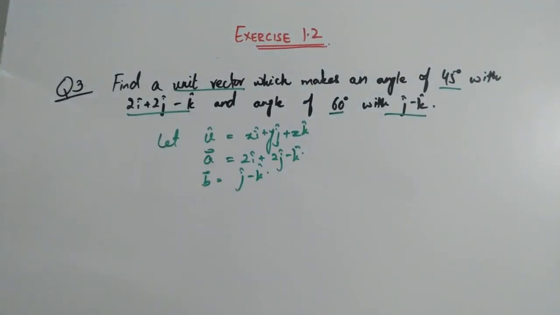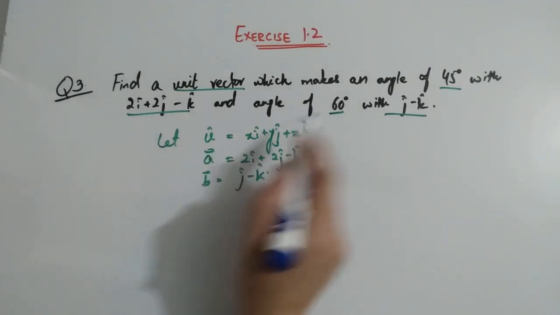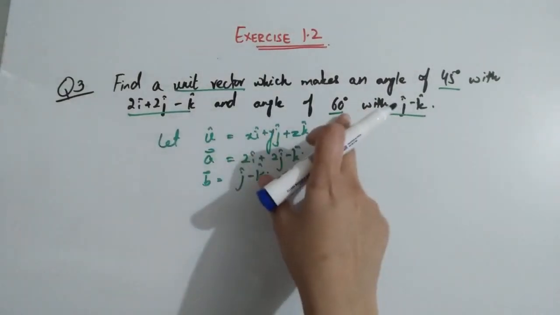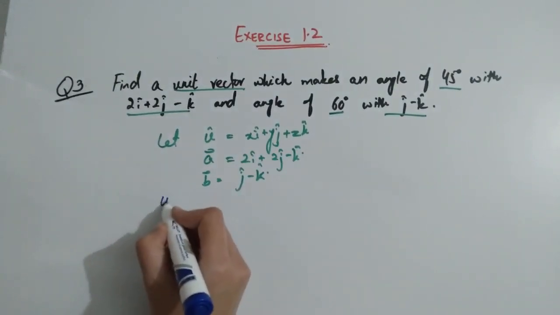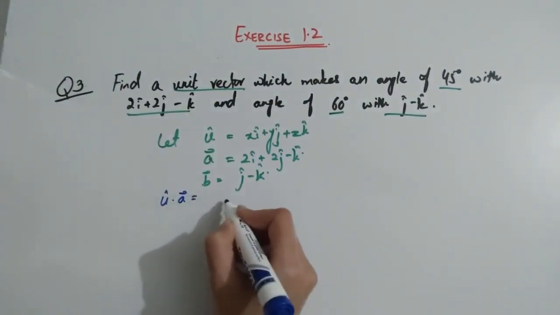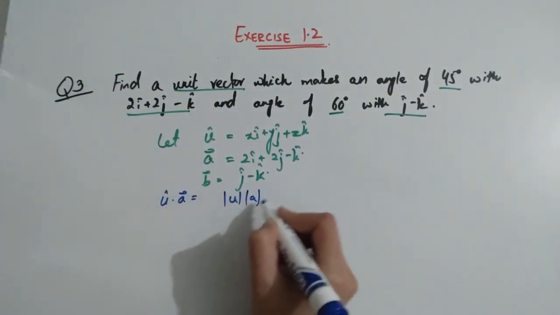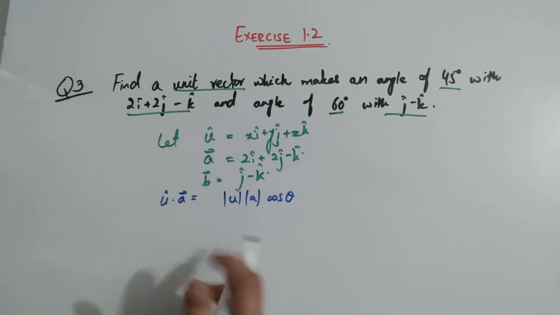Now according to the given condition, the angle between u and a is 45 degrees. So you can write the dot product as u magnitude, a magnitude, and cos of theta between u and a.